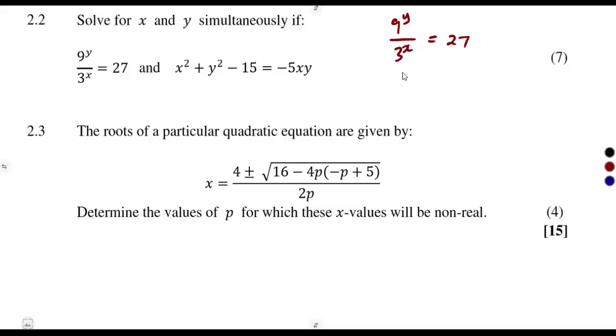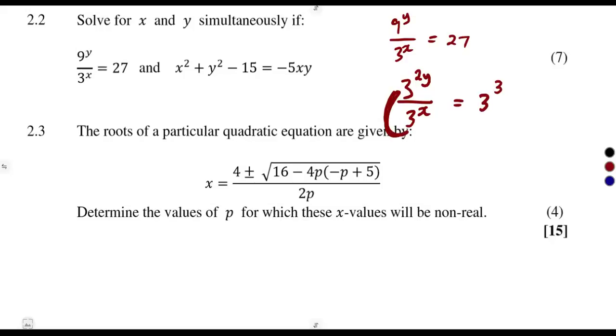Because these are exponents, we're going to have them in simplest form. Remember, 9 in the base of 3 is 3 to the exponent of 2. So it's going to be 3 to the exponent of 2y over 3 to the exponent of x, which is equal to 27 in the base of 3, that's 3 to the exponent of 3.